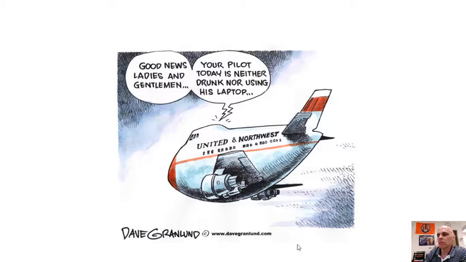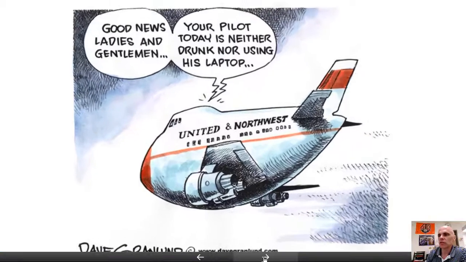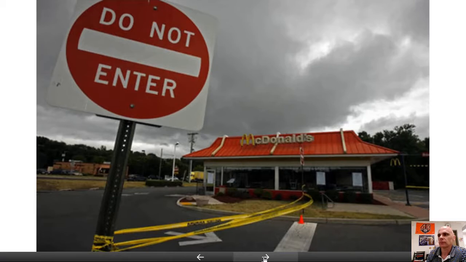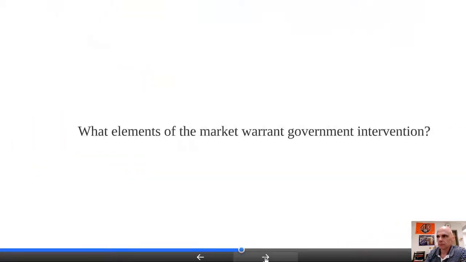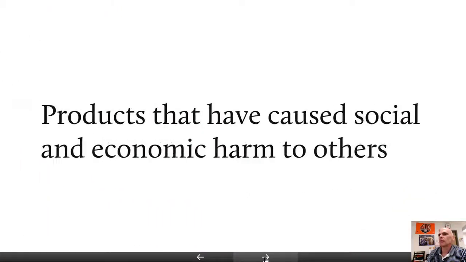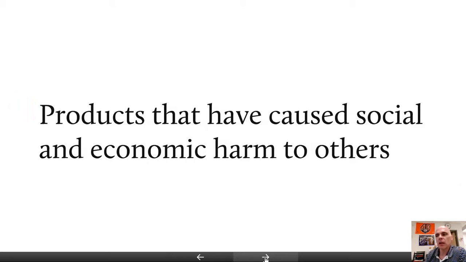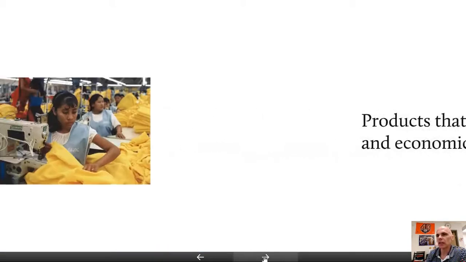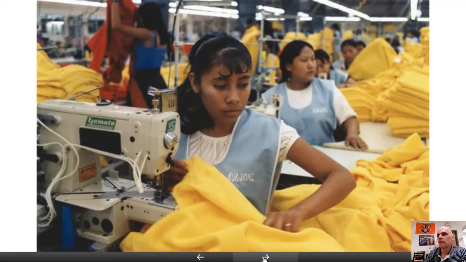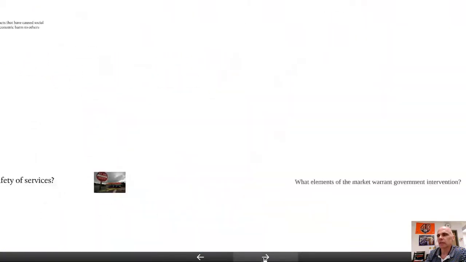And when you stop maintaining planes, they do unfortunately start to crash. Products that have caused social and economic harm to others might need to be regulated. Maybe sweatshops need to be regulated.